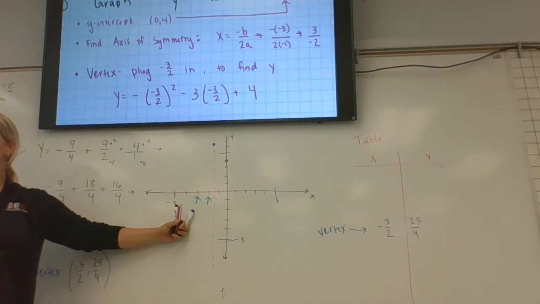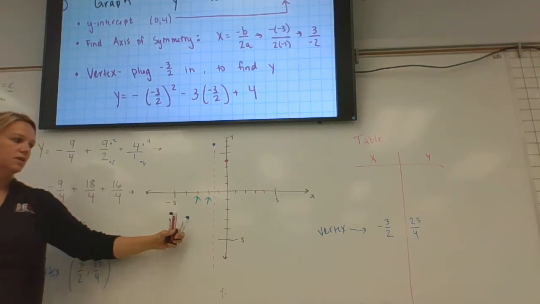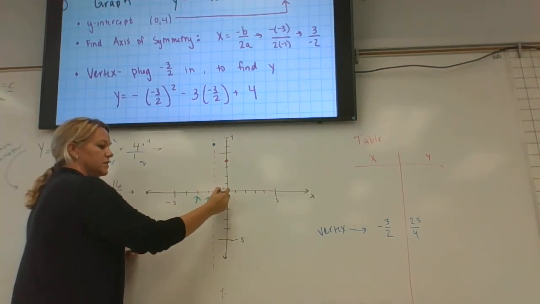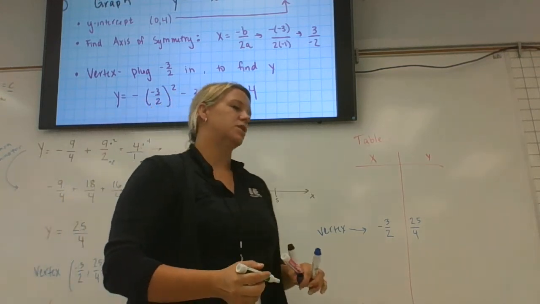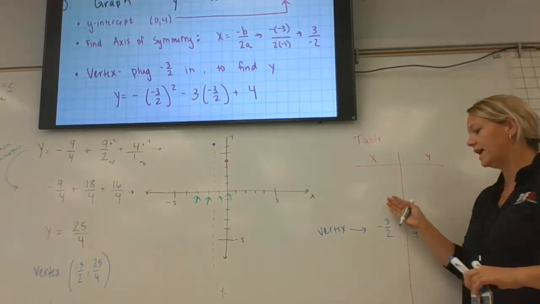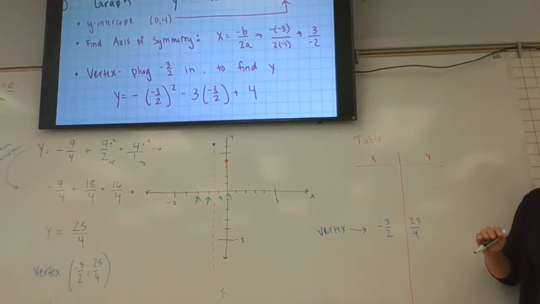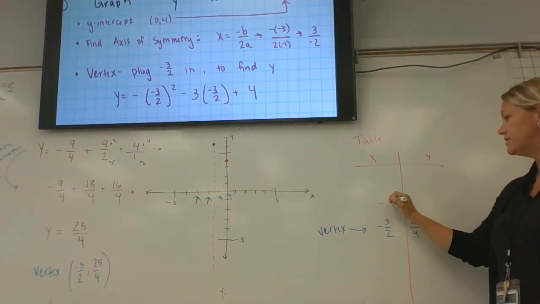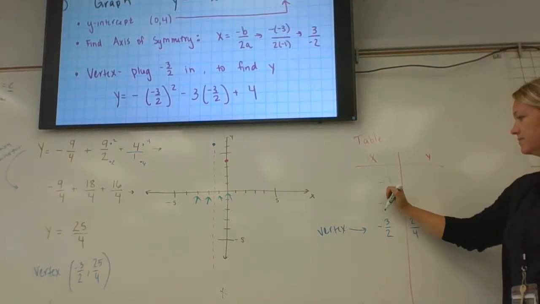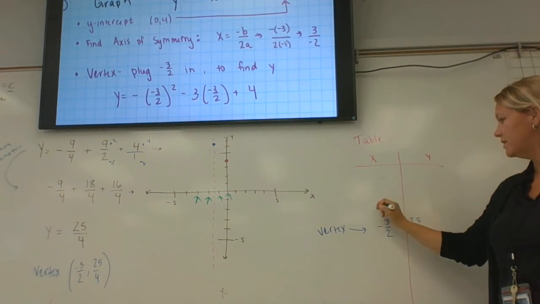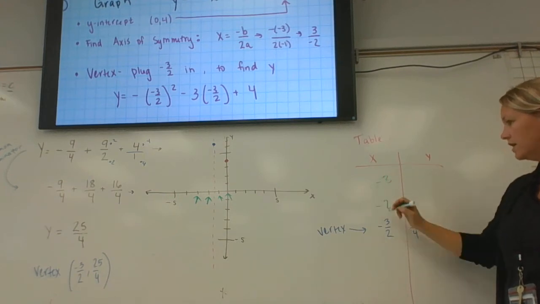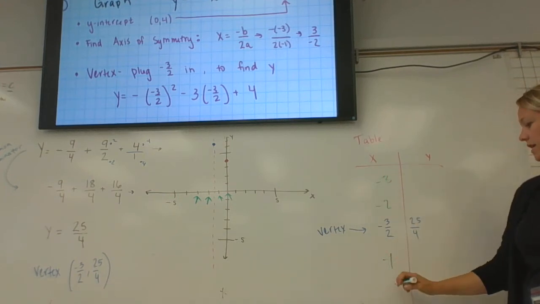So if you get anything to the left, 2 points to the left, any 2 points to the left, and then 2 points to the right. This one, negative 1 and 0. I'm not gonna try to necessarily add 1 here or something. So I'm just gonna go right to negative 1, negative 2. No. On the left would be negative 2, negative 3, negative 1, 0.